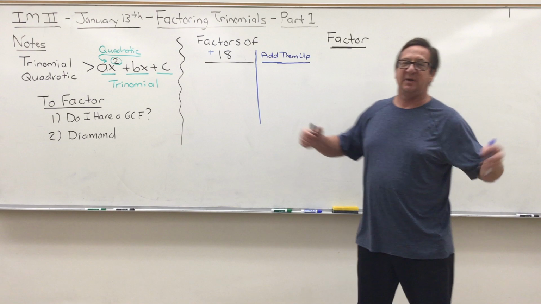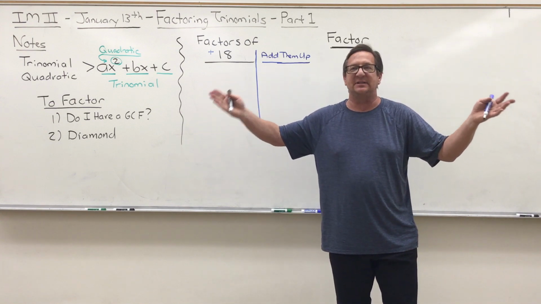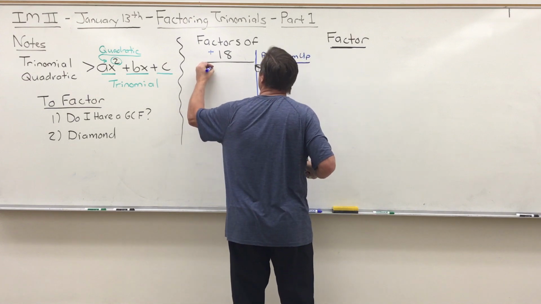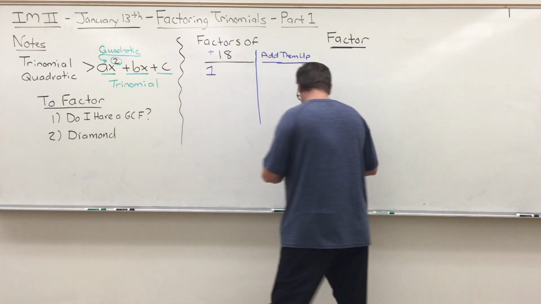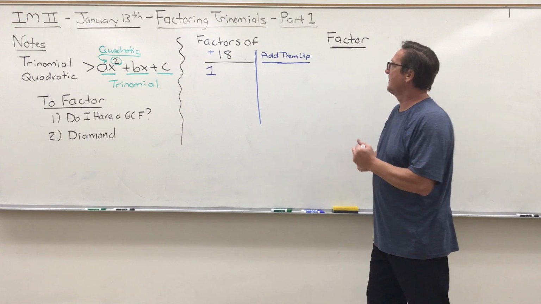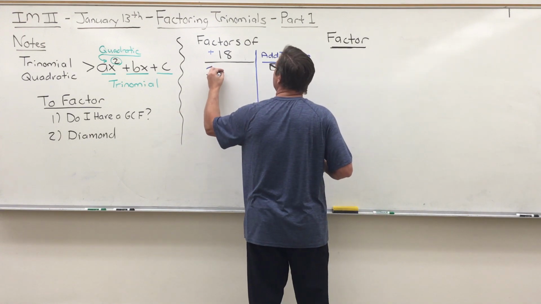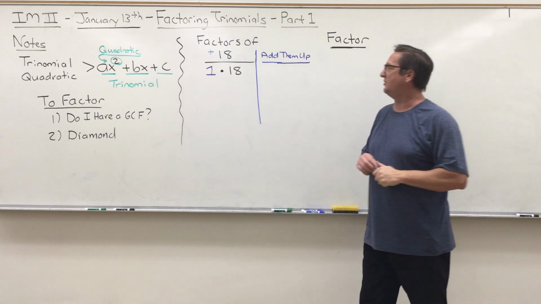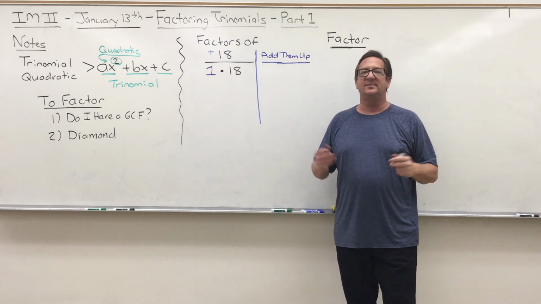All right, so 18 is an easy number to work with, but once again, I can't forget anything, you never know. So I start with the number 1, and we do the number itself. 1 times 18.